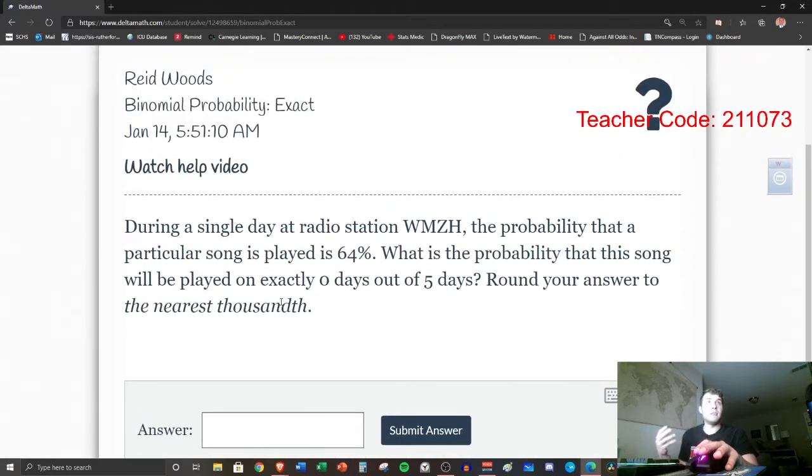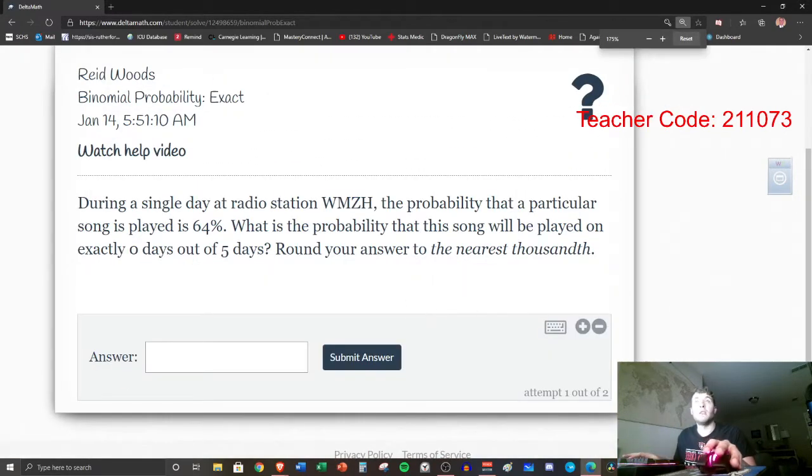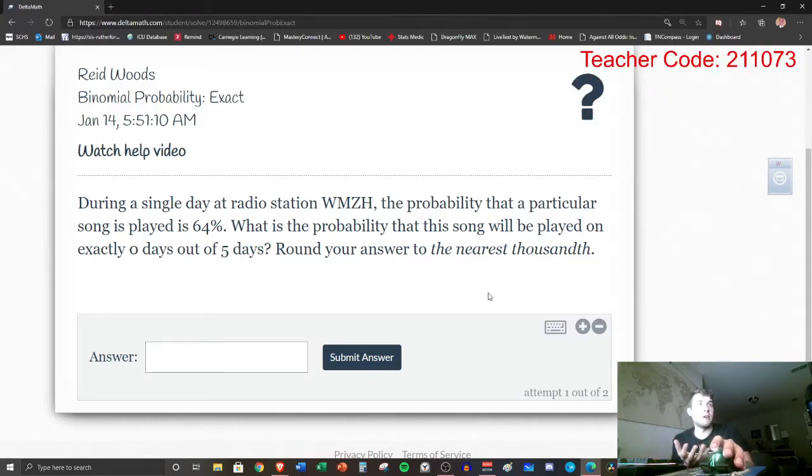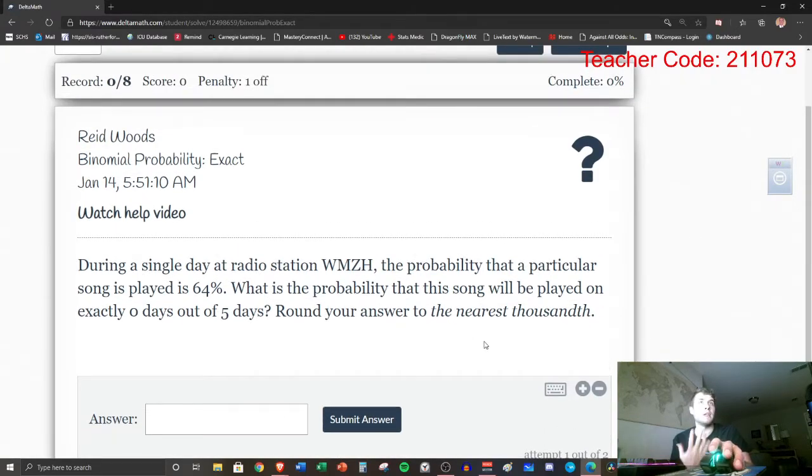So what's nice about DeltaMath is you all are getting your own unique question set. So you're not gonna be able to ask somebody in the class, hey, what'd you get for number 1? It doesn't work like that. Your starting question is completely different from everyone else's, and they randomize the numbers within them, okay? There's a help video.